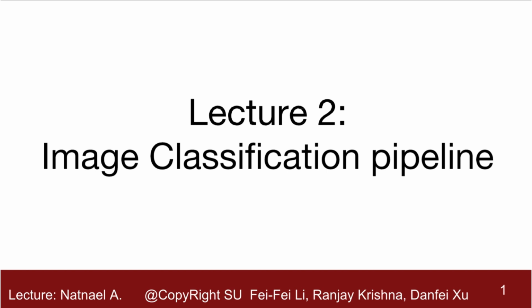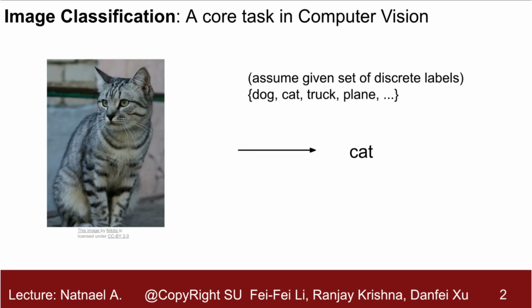Now I will dive a little more into image classification, starting from the earliest approaches like nearest neighbor and k-nearest neighbor, and I will conclude this session by discussing the need for non-linear classification mechanisms rather than linear mechanisms.